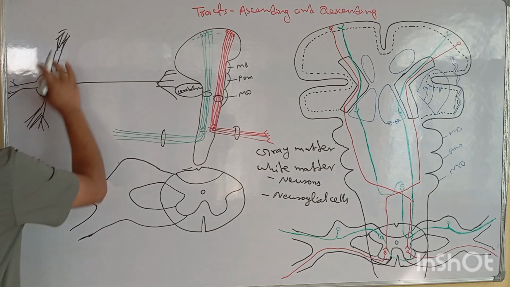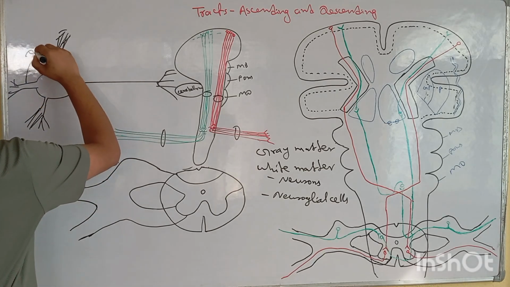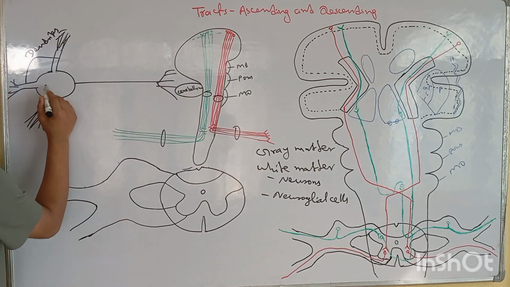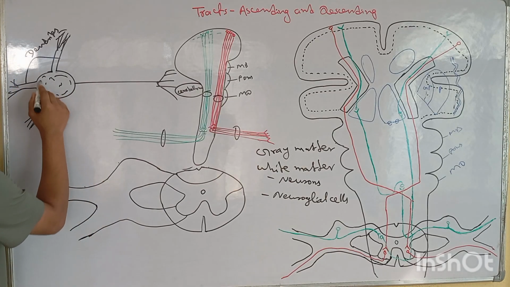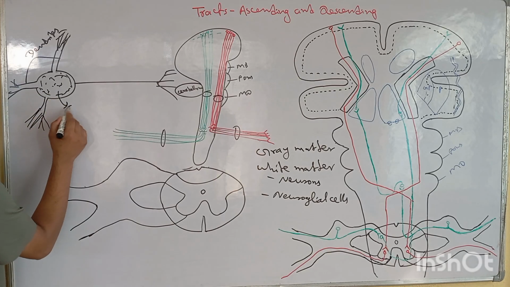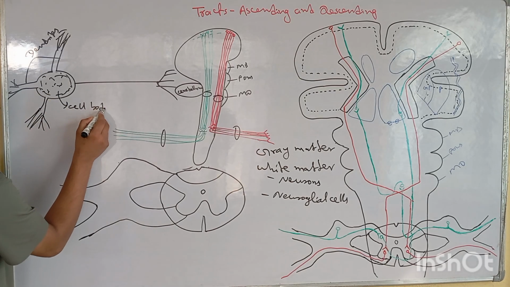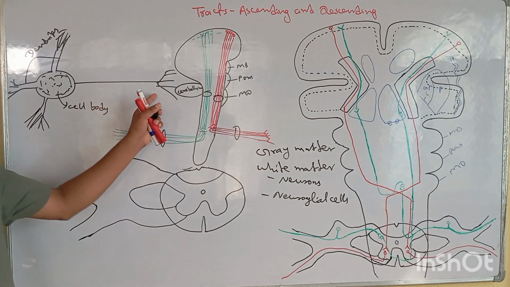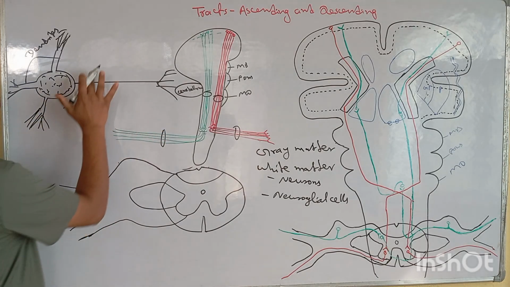These processes we call the dendrites, and this we call the soma or cell body. There will be one long process in the multipolar neuron.